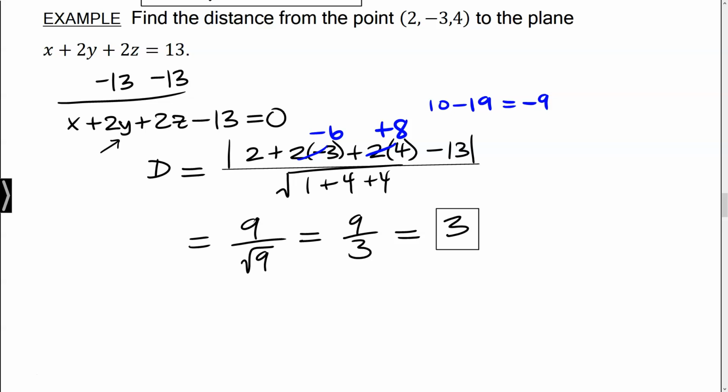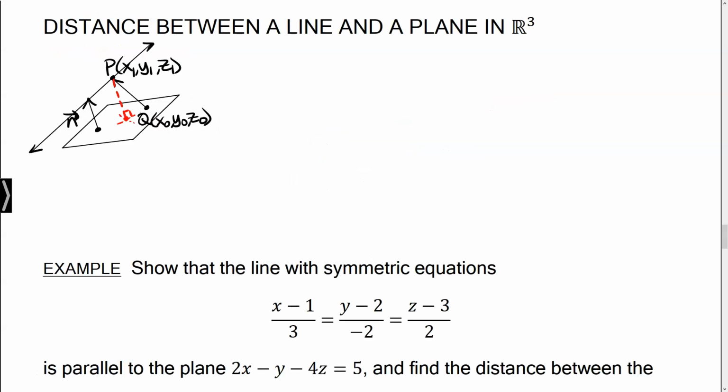Let's find the distance between a line and a plane in 3 dimensions. So this is pretty much like the previous case. You just need to check one thing. You need to check that the line really is parallel.